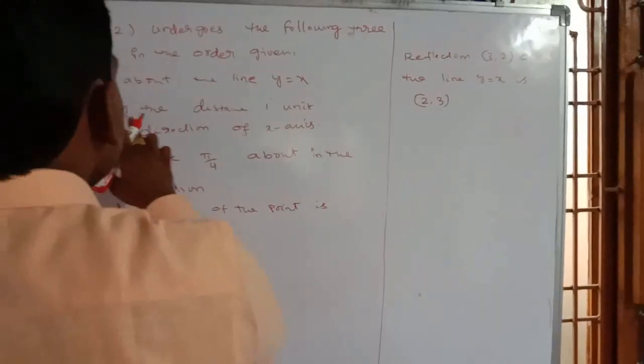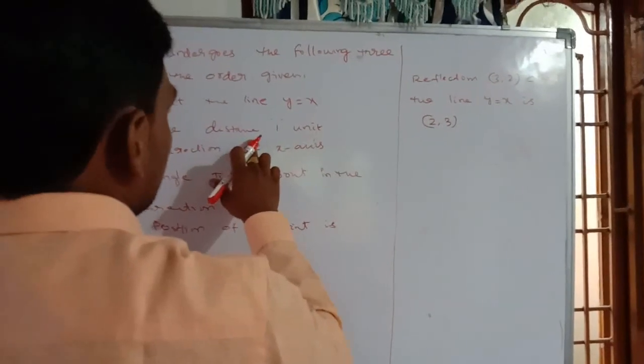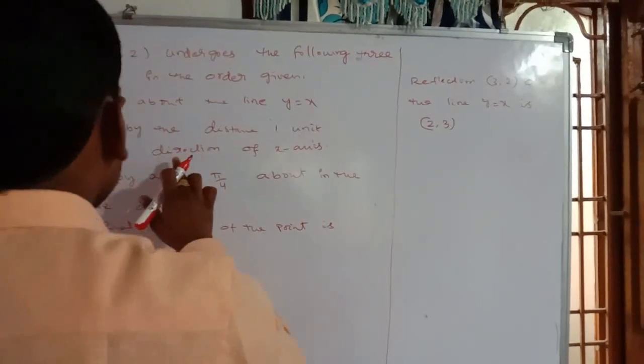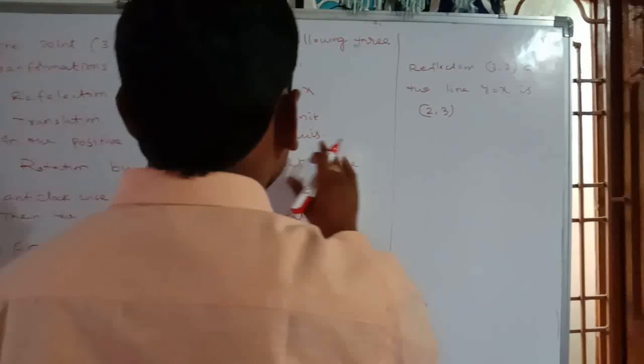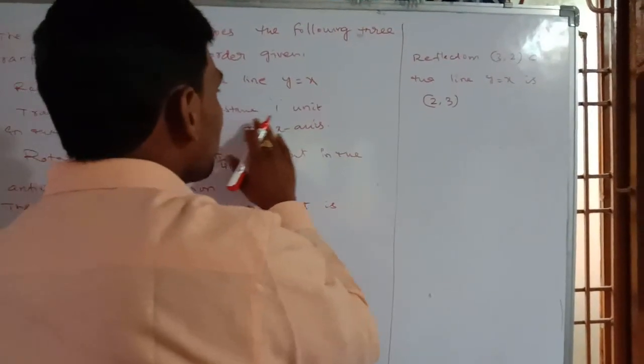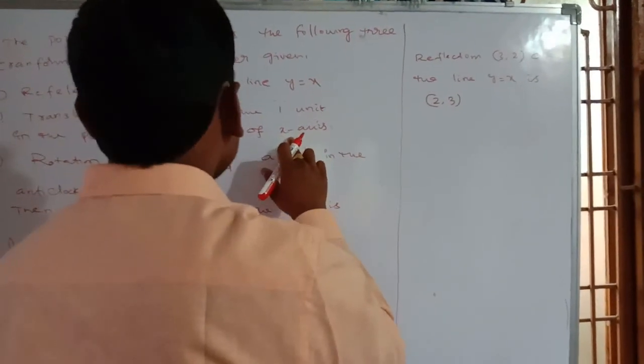the translation by a distance of 1 unit in the positive direction of x-axis. That means we add the distance of 1 unit to the x coordinate.